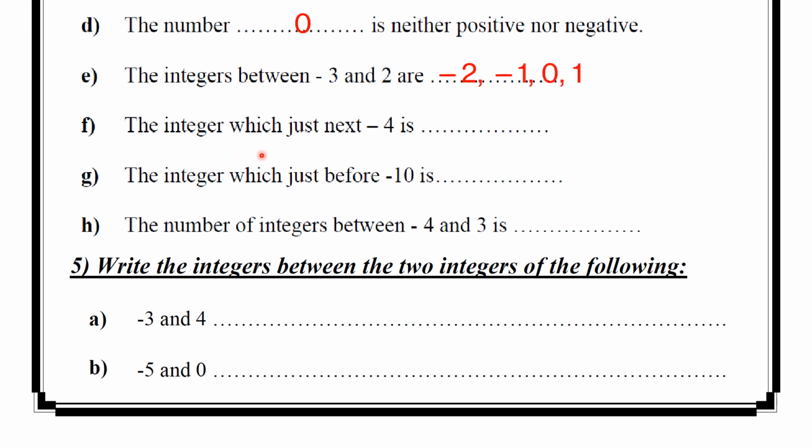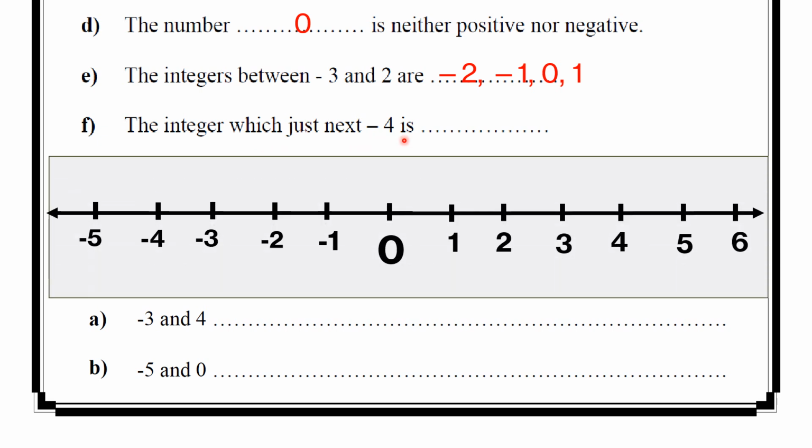The integer which is just next to negative 4 is dots. So let's see here the negative 4 on the number line. Next to means after. So the number which is bigger than negative 4 equals negative 3. As we said before, the negative integers are crazy numbers.